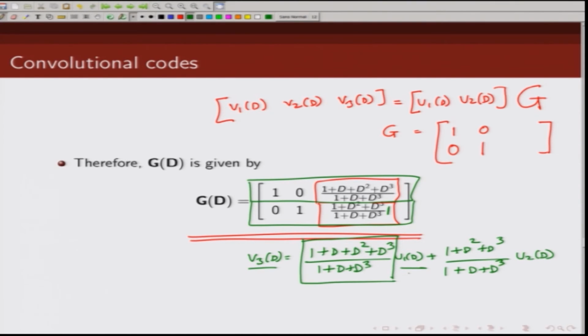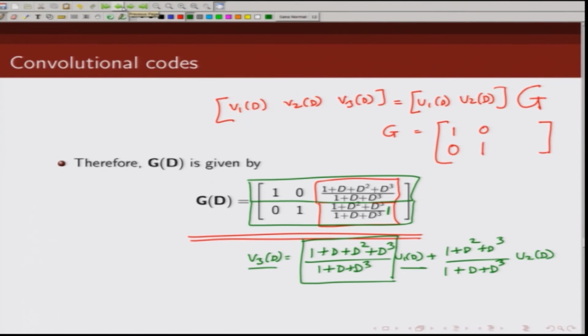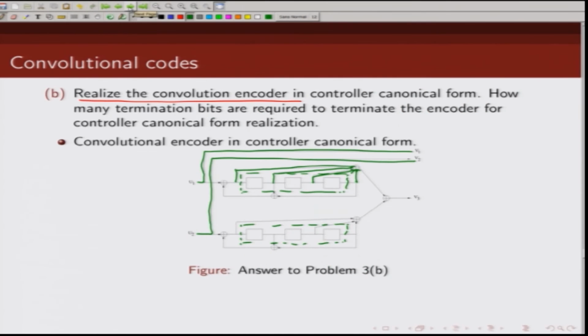So, let us implement this. The numerator has 1 plus d square plus d cube. So, you can see here, this is my 1, this is my d, this is my d square, and this is my d cube. And similarly, the denominator has 1 plus d cube. So, the denominator, this is the 1 term, this is the d term, and this is the d cube term.